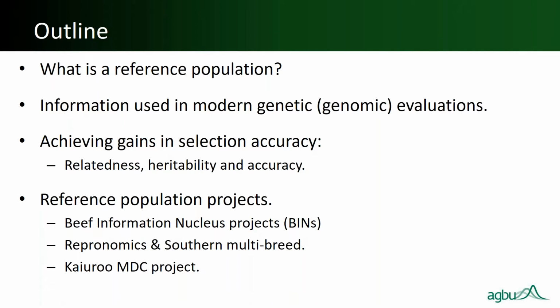Then we'll look at some specific projects included in this reference population work. Those include some industry-funded ones, large research exercises, as well as a project that we ran in a commercial Brahman breeding herd. It's an interesting little case study on how this can be done in industry.